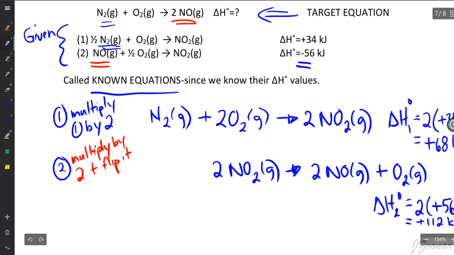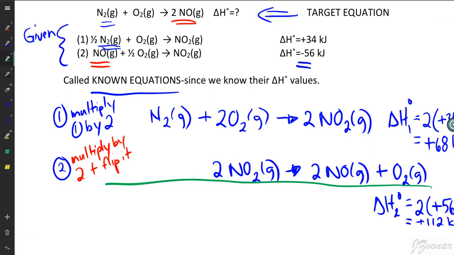Now that I've manipulated my two equations, let's see what we can cancel out, and we're going to add them up. I have 2 NO2s on the left and 2 NO2s on the right, so those two cancel out. I have 2 oxygens on the left but 1 oxygen on the right, so one of these cancels with one of these, leaving me with 1 oxygen remaining.